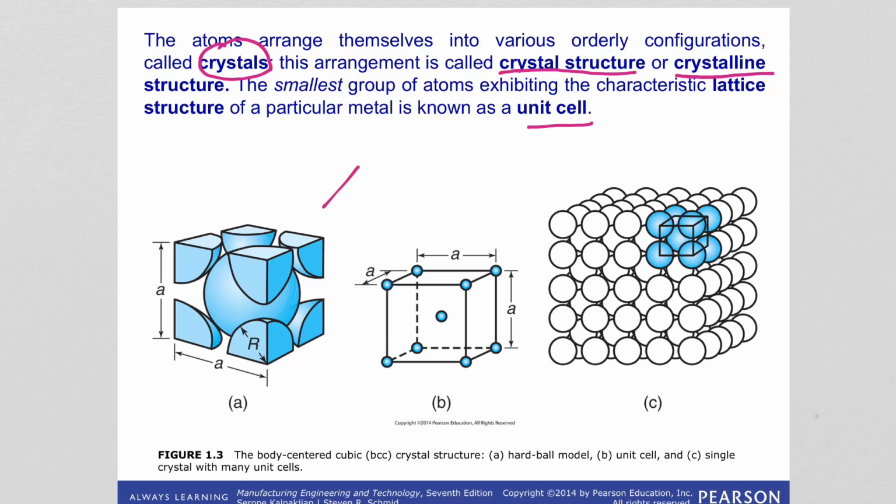So you see this is the unit cell of what we call the body-centered cubic, the BCC structure. And this is repeating in 3D, forming the overall crystal structure, or the material itself. And why is it important? This type of configuration of atoms is directly related to the atomic bonding.